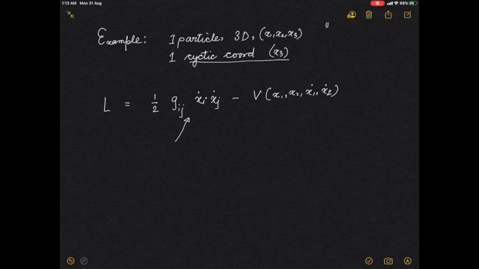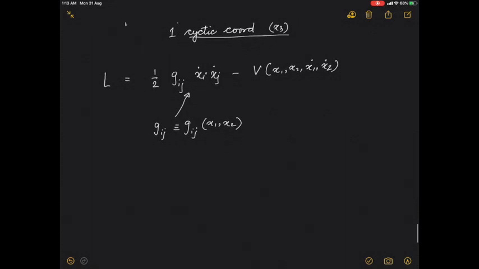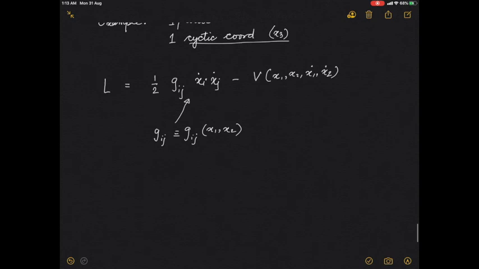Now, what is g_ij a function of? Well, because x3 is cyclic, g_ij can only be a function of x1 and x2. It cannot be a function of x3. So this is the setup.